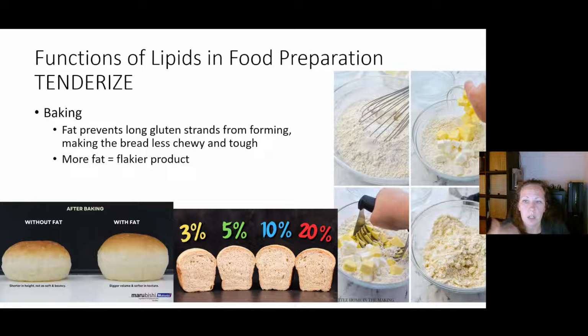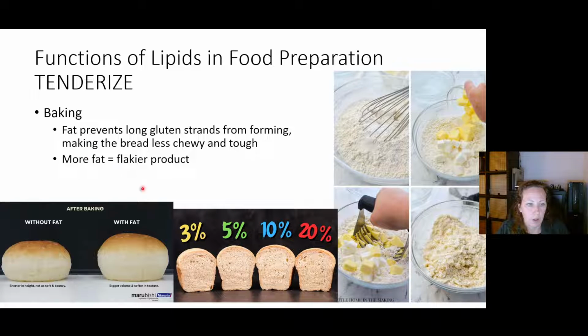But if we blend it too much, or we add too much fat, it will completely prevent the gluten strand development, which can have the opposite effect. You can have a greasy, dense bread that can't hold its structure, because gluten is structure, and therefore it can't even trap air.